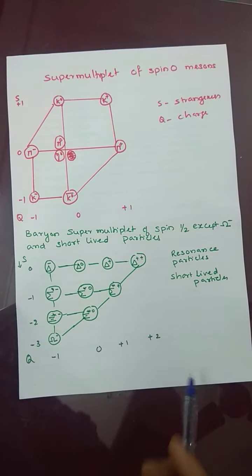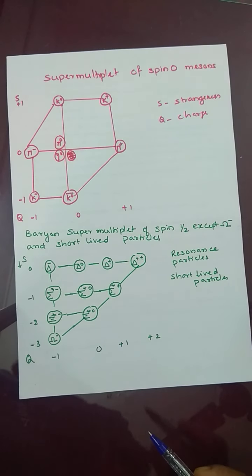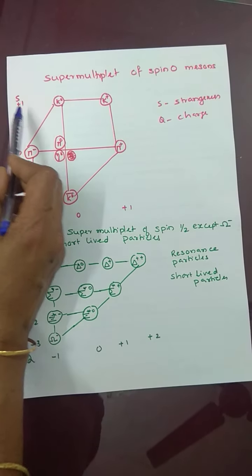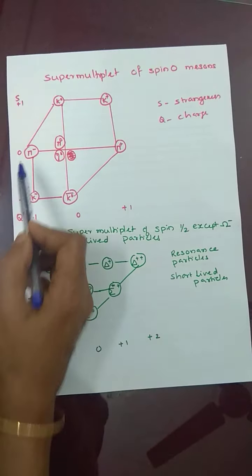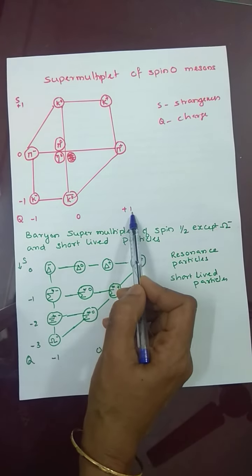Next, let us look at the spin zero mesons. Mesons also can be represented in a similar manner using the super multiplet structure. Here you have the strangeness varying from +1, 0 and -1, and charge varying from -1, 0 to +1.